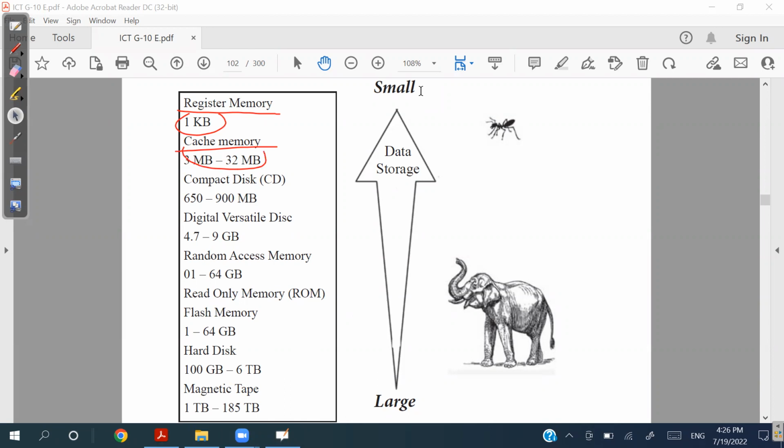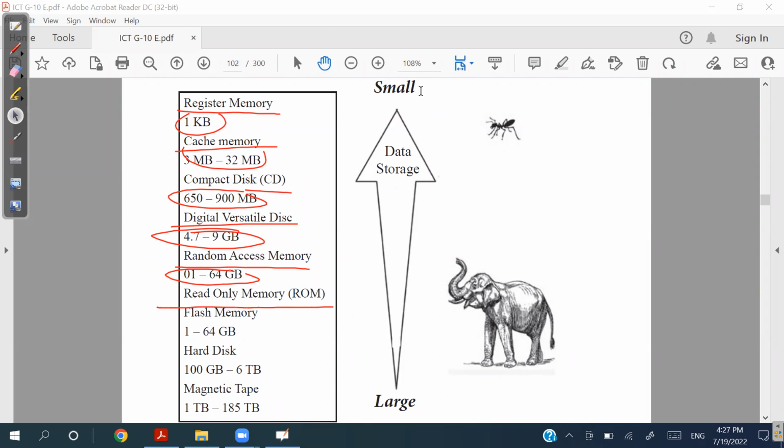Then they have taken the CD and the DVDs, which are secondary storage devices, categorized under optical storage. Then the RAM. The compact disc goes from 650 to 900 MB, and DVDs go from 4.7 to 9 GB. RAM, of course, you can find from 1 to 64 GB, sometimes even 128.